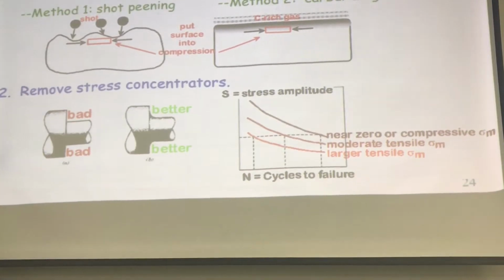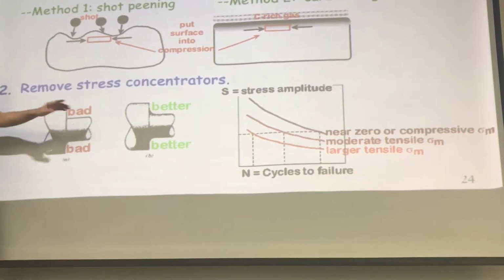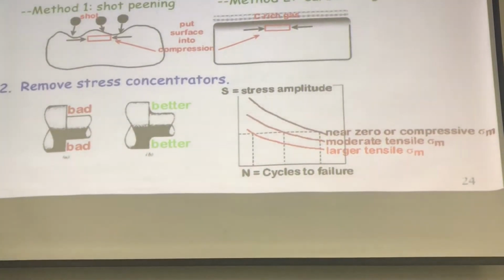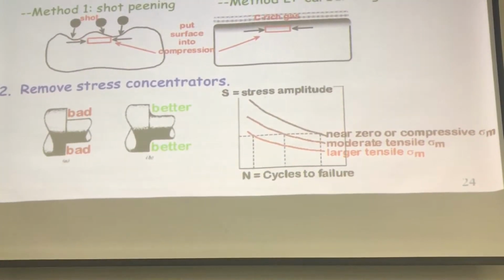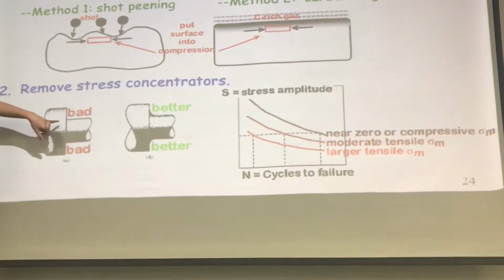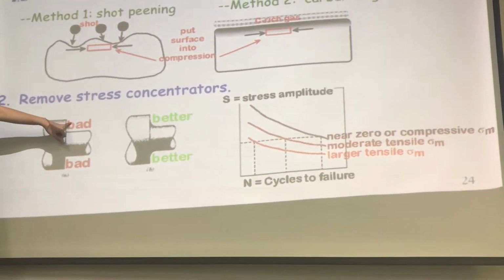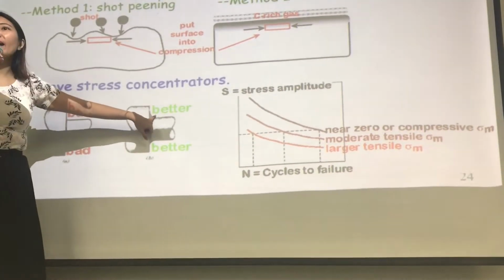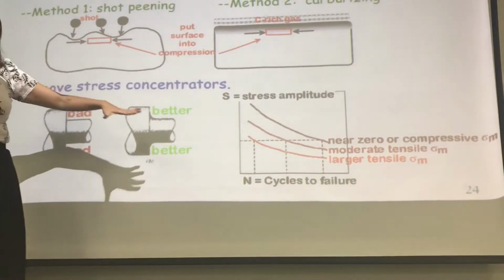Next, take a look at just these two pictures. Which one is good and which one is bad, left or right? Left is bad, right is good. You see what the difference between the left and the right is? Just the edge. A sharp edge is bad and a smooth edge is okay.